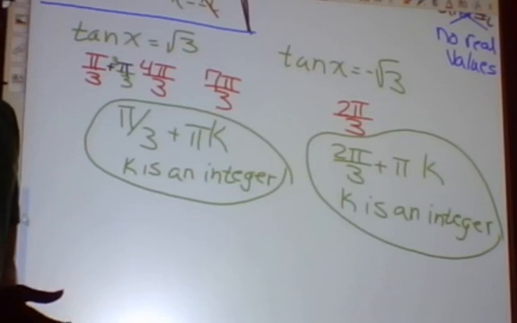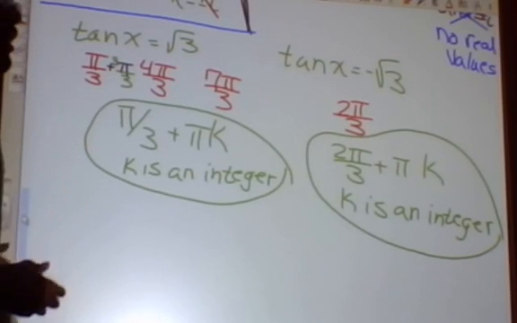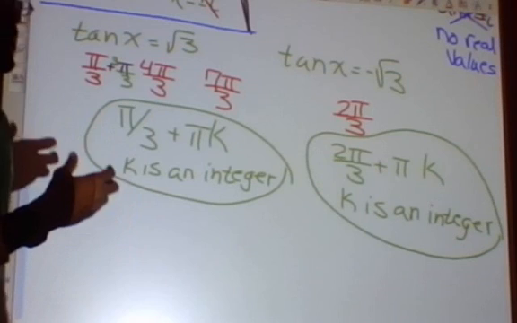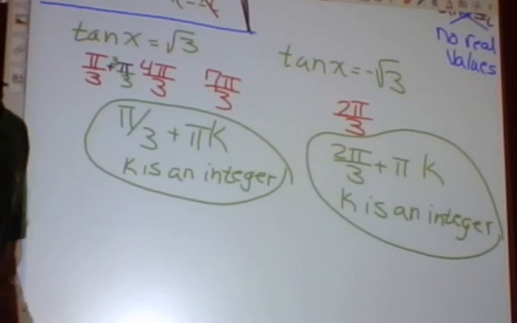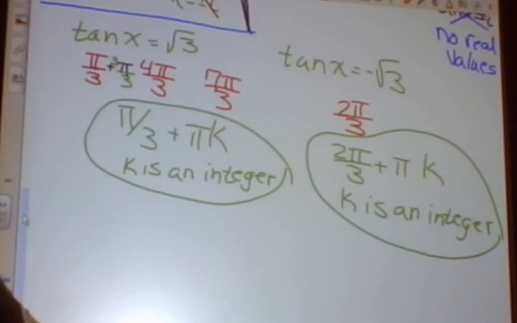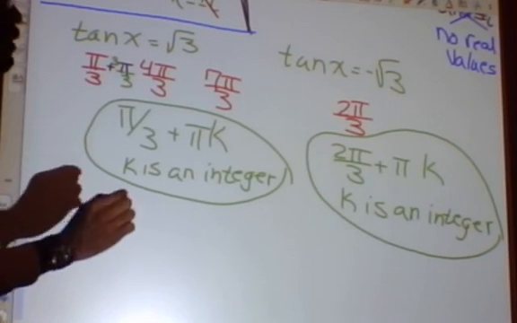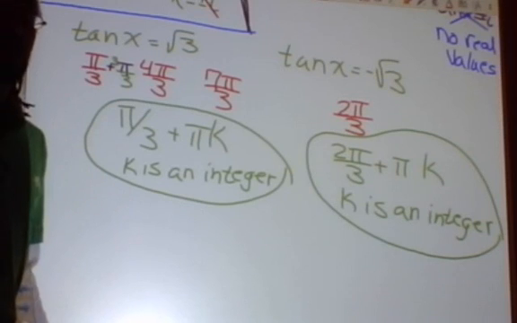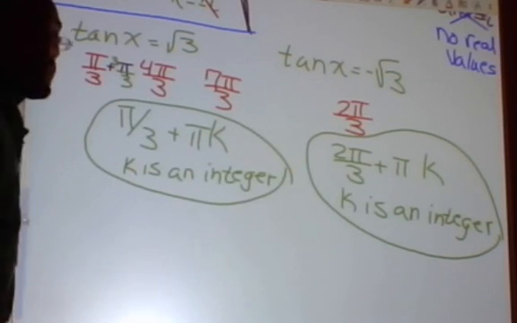If we had added pi over 3 to get the next one, then we would have 2 pi over 3 plus pi over 3 k, and k will be an integer. But you have to figure out how to get from the first one to the second one, whatever interval or amount of radians that would be, and we would add that to the next one, and the next one, and that would give us our answers for these. All right? All right, see ya.